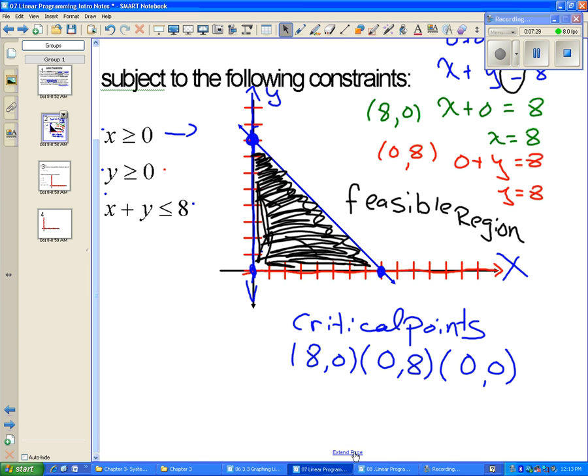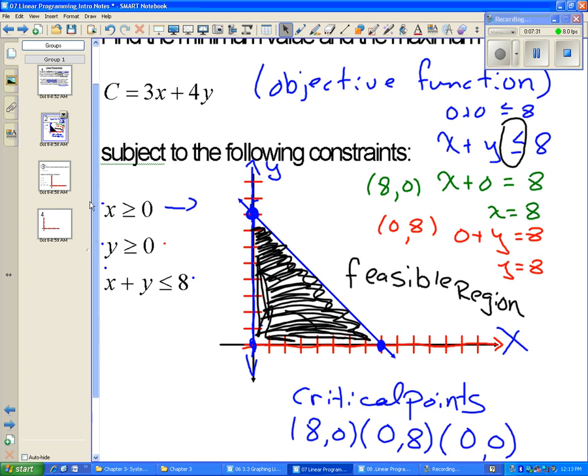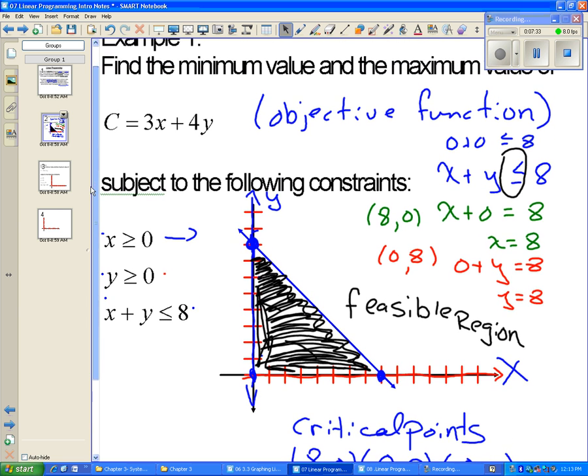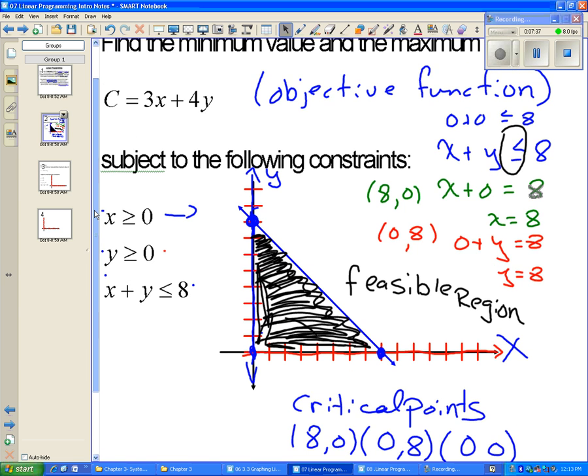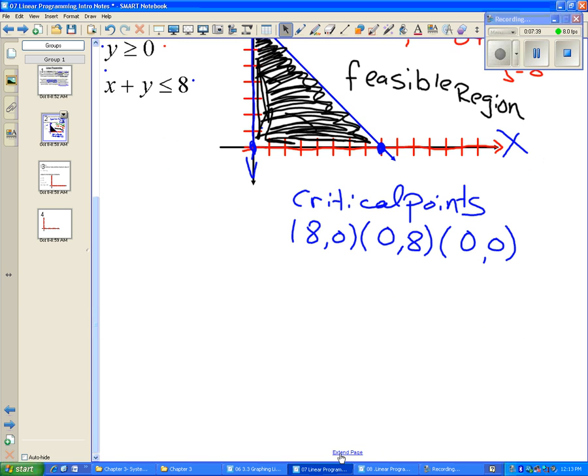Where am I going to try out my vertices? I'm going to try them out in my objective function. So I'm going to write down here, C is equal to 3x plus 4y. And I want to find the maximum and minimum of these critical points.